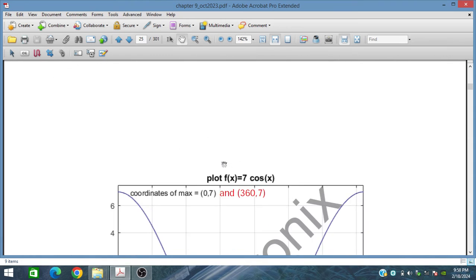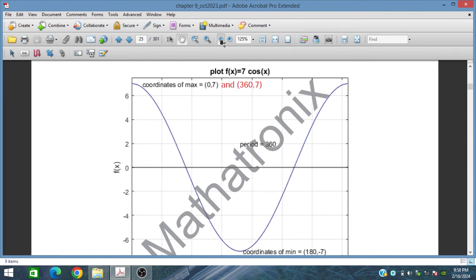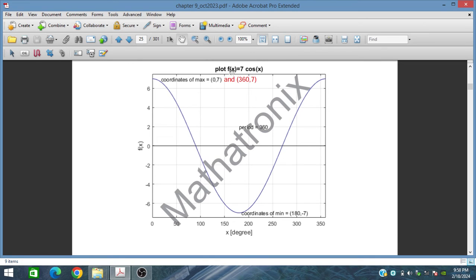So this is 7 cos x. This function is f(x) equal to 7 cos x. At 0 degrees the value is 7, and at 90 degrees we have 0.